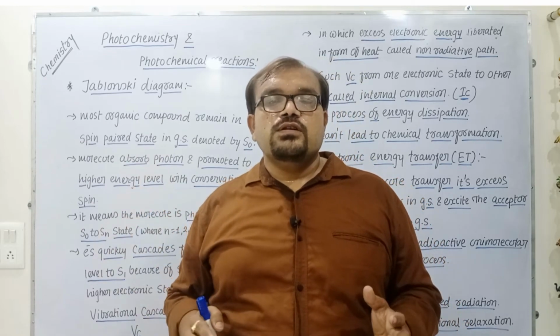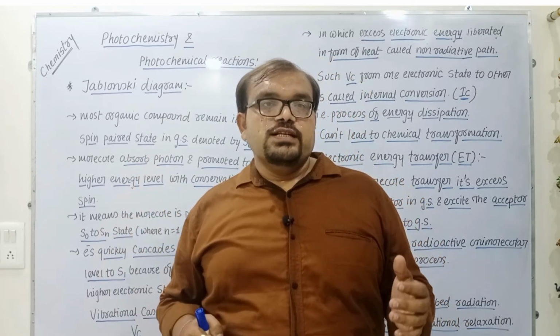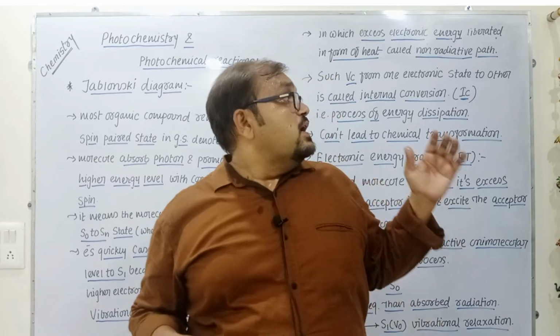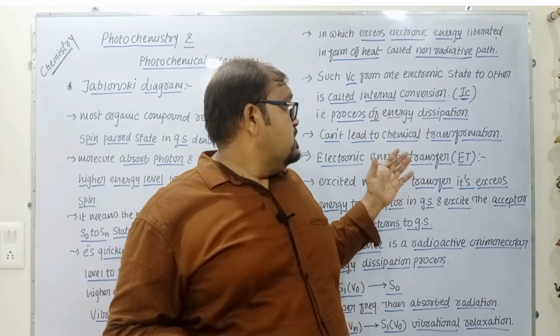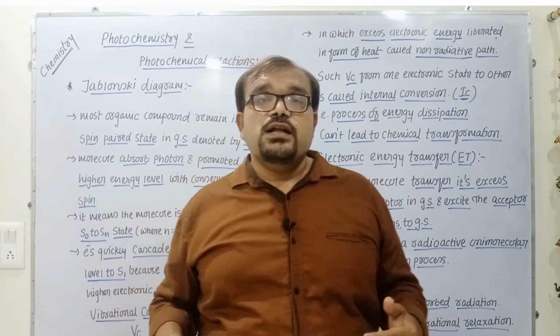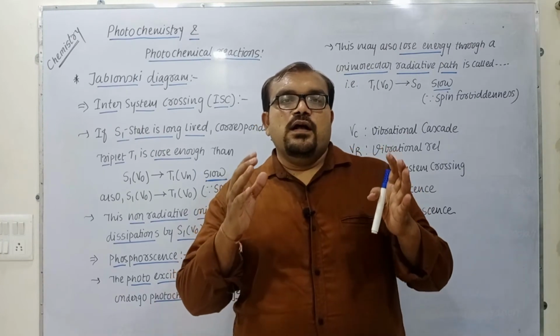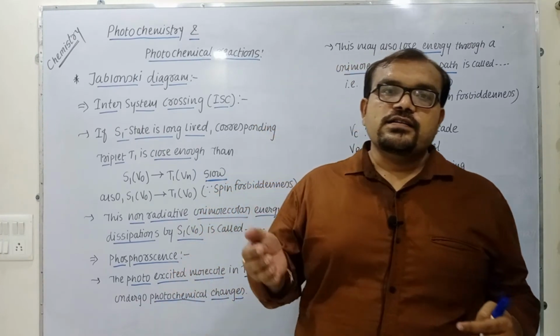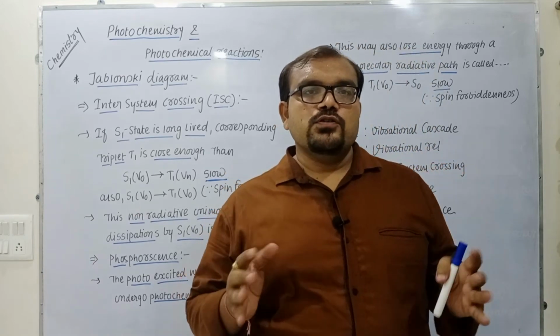So this is about four important terms, that is vibrational cascade or vibrational relaxation, internal conversion, electronic energy transfer, and fluorescence. Friends, the remaining two important terminologies are intersystem crossing and phosphorescence.